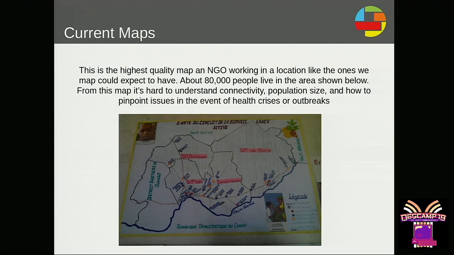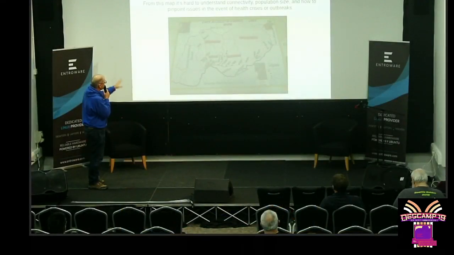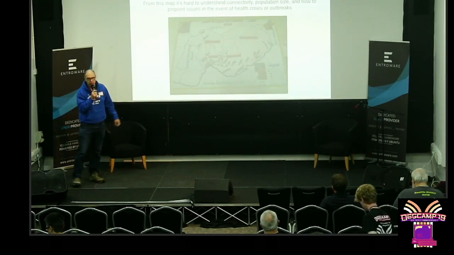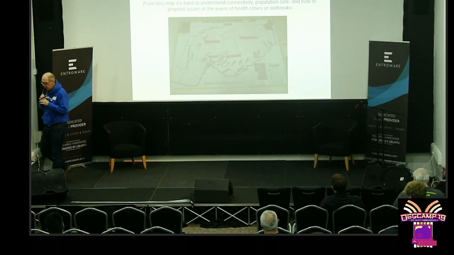It's drawn by hand, and local people have added to it, so there are lots of villages missing, there's no real scale to it, and there'll be distortions in where things actually are.